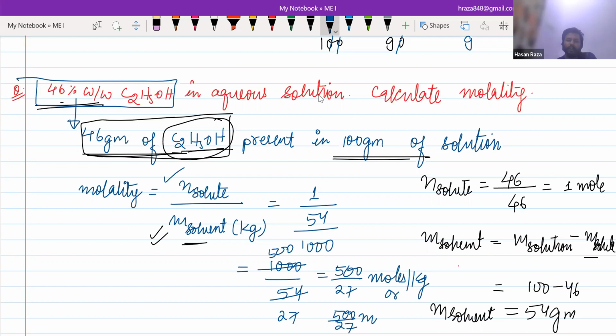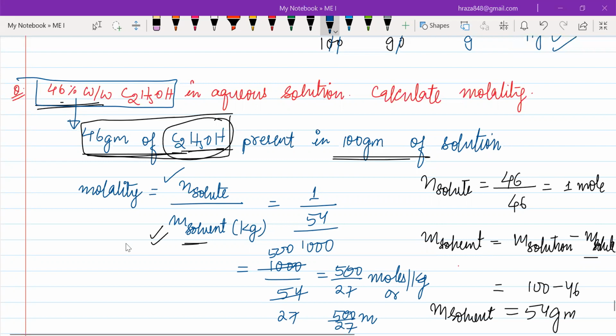So the previous question and this question were too easy. It was similar. Still, you are not able to solve it.